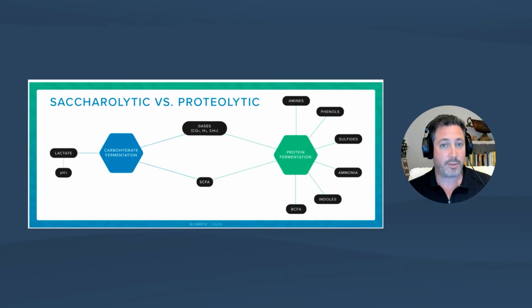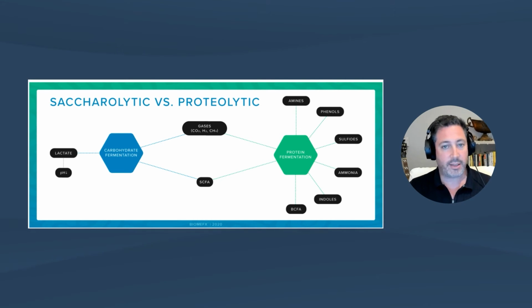Now, going back to the processes that happen in the gut, we have a saccharolytic fermentation pathway and a proteolytic fermentation pathway. We need both, but protein fermentation becomes a little more complicated when it's elevated, because the byproducts created through protein fermentation can become very inflammatory for the gut if there's too much of them. Carbohydrate fermentation is a little more gentle.